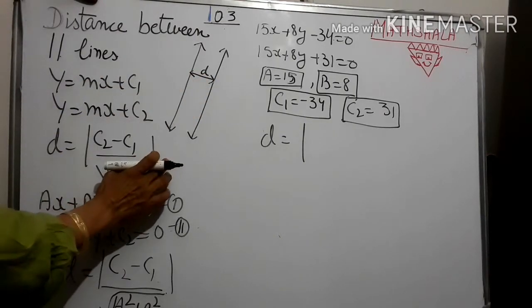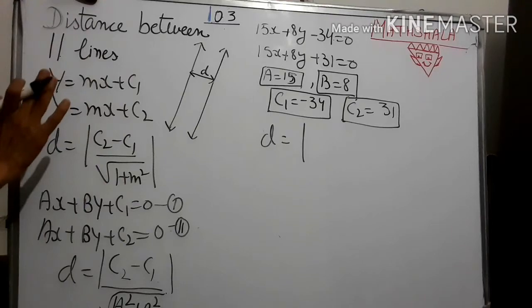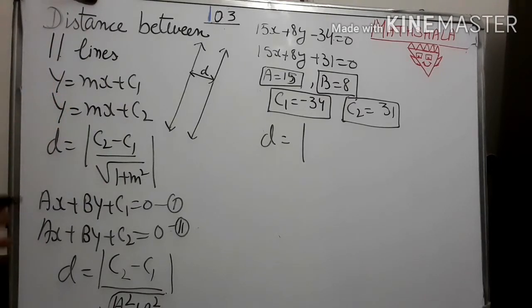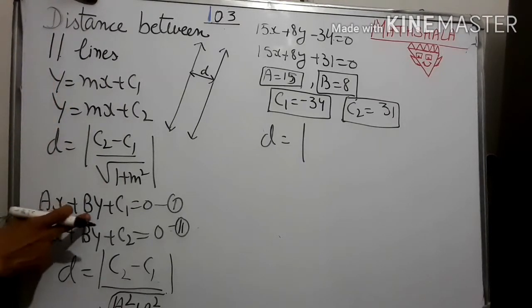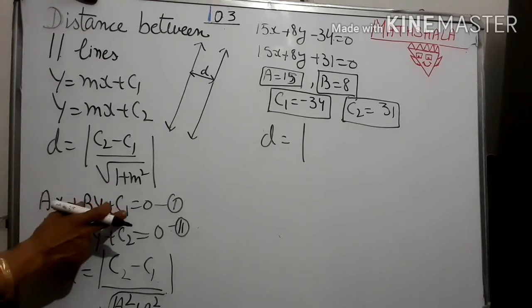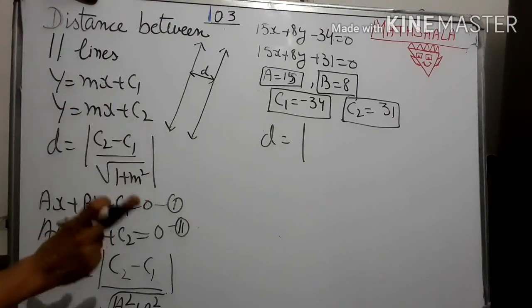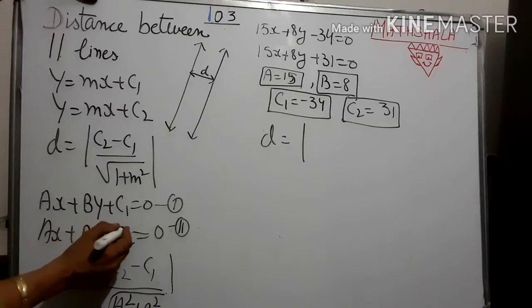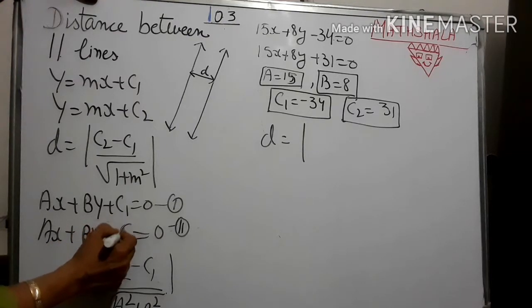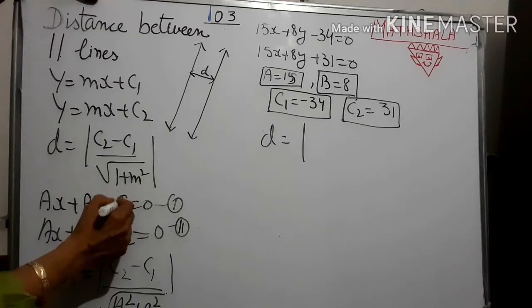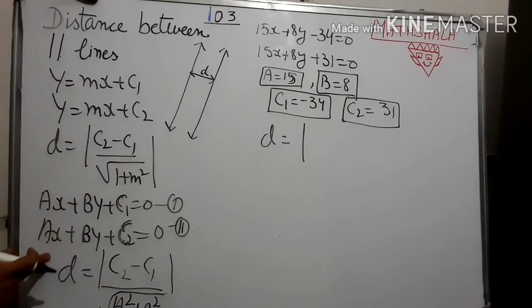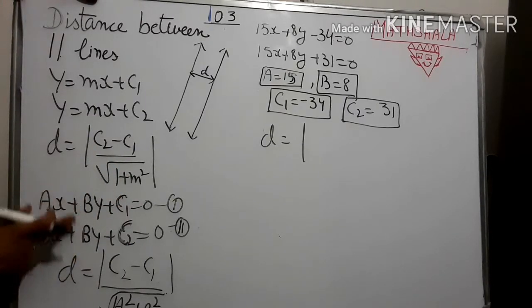So ये formula है if the intercept form is given to us, but if it is general form given to us, in that case ax plus by plus c1. See here c1 is not y intercept, here c2 is not y intercept, और वैसे भी हम इसको थोड़ा कैपिटल लेटर्स में इसको लिखते हैं और इसको हम स्मॉल में लिखते हैं. And here the formula becomes distance between these two parallel lines.